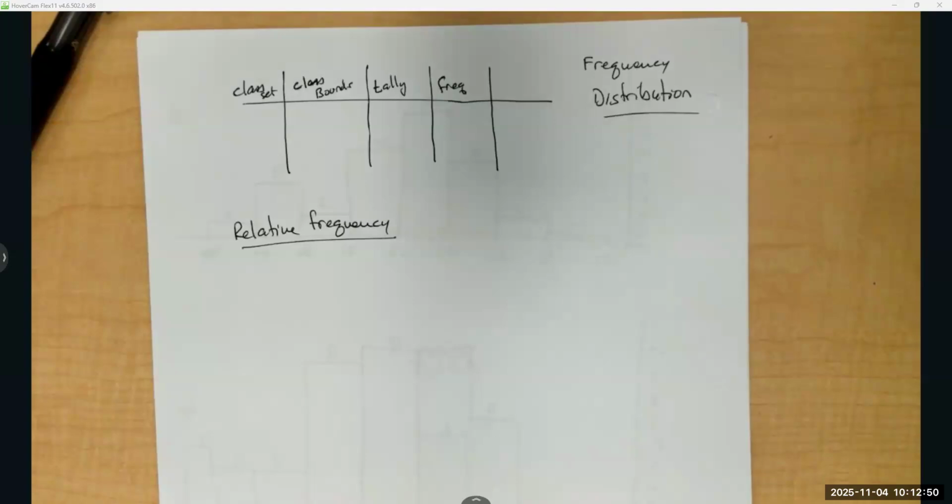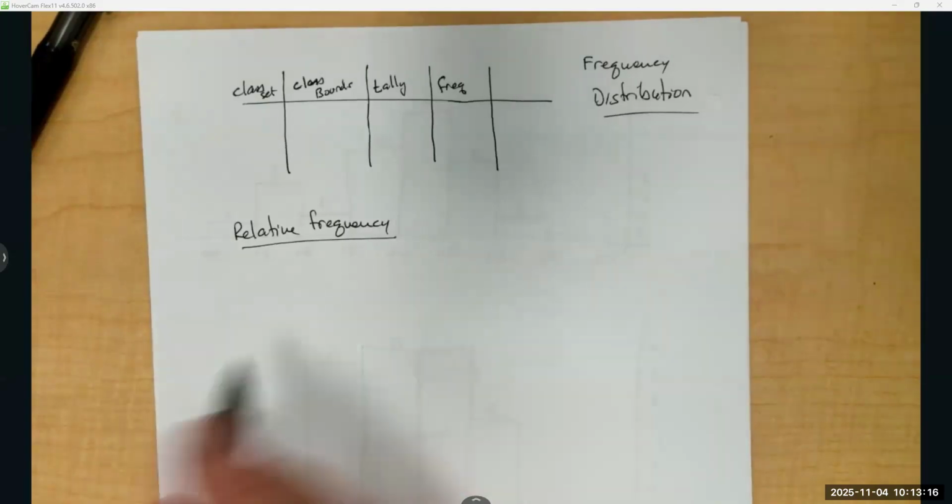Relative to what? Not to itself. Relative to something else, something bigger. It's relative to all of, how many items you have.